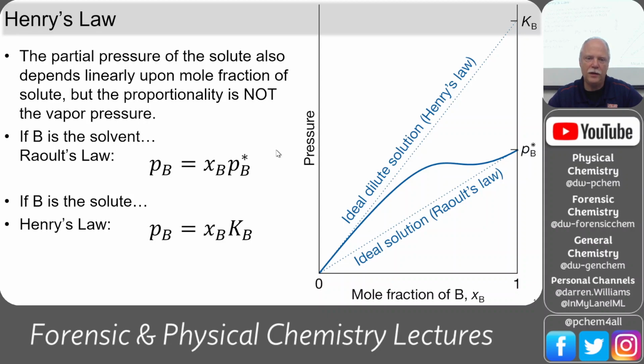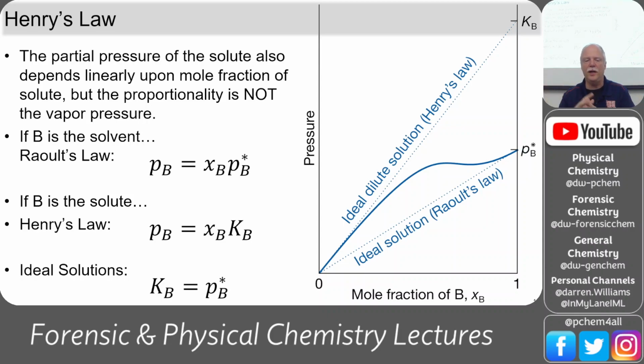I'm going to have to go a little quick so we can reach a stopping point. If it's an ideal solution, KB equals the P star for B. If they're really, really different, you know that mixture is not ideal. So you can always look at the KB value, and some of them are like 10 to the 5th. I mean, they're huge, and the vapor pressure is pretty small.